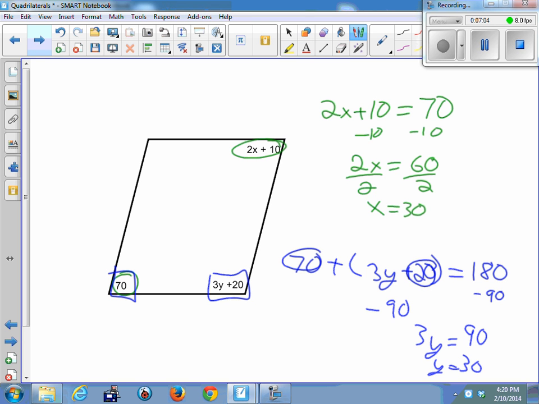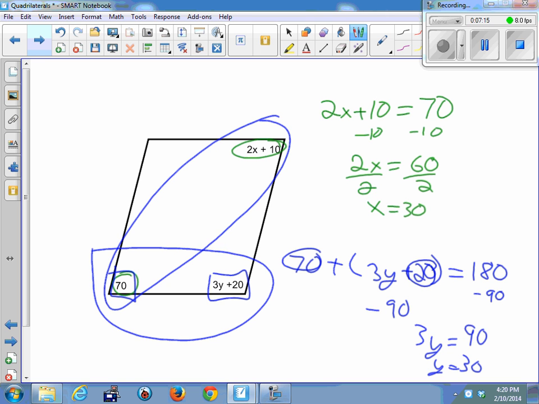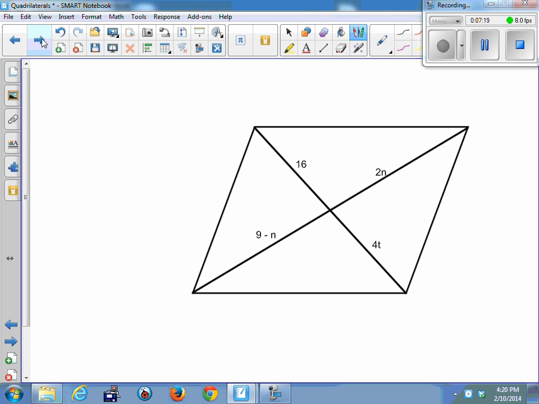So we talked about where we set up the equation with the sides are the same. Here we have opposite angles are congruent. And then we also have consecutive angles add up to 180, I'm sorry. All right, we deal with the diagonals. So we know in a parallelogram, this is the same as that. So n equals 2n, and 16 equals 4t.